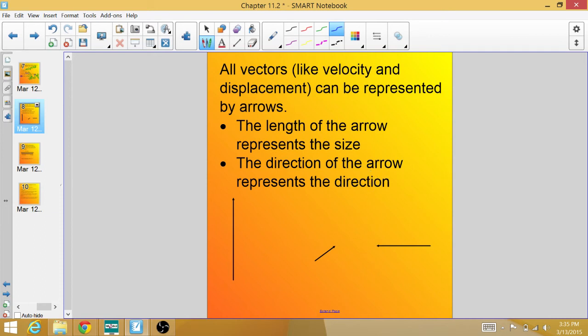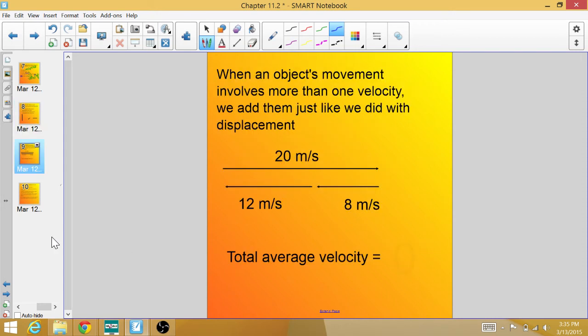This one represents an object moving slowly to the top right-hand corner. And this object is moving at a medium speed to the left. So we can use these arrows to help us visualize the motion of an object. And we can also use them to help us figure out vector addition, or the addition of velocities.